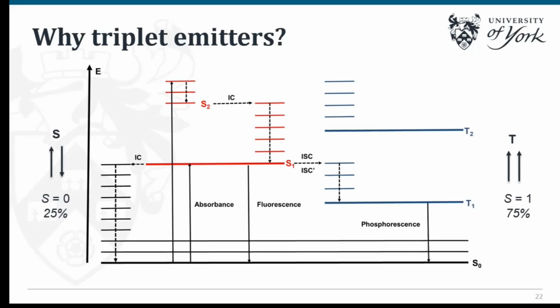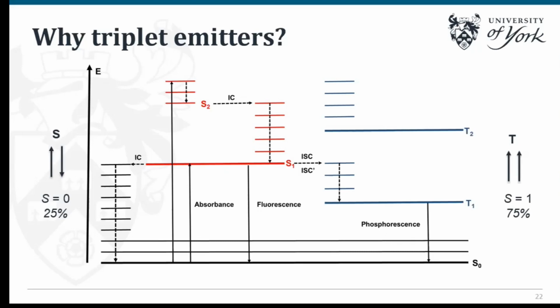But statistically, triplets are formed in a 3-to-1 ratio to singlets, which means if you've got a molecule that can only access the singlet states, such as a solely organic molecule, you can actually only access 25% of your total energy.